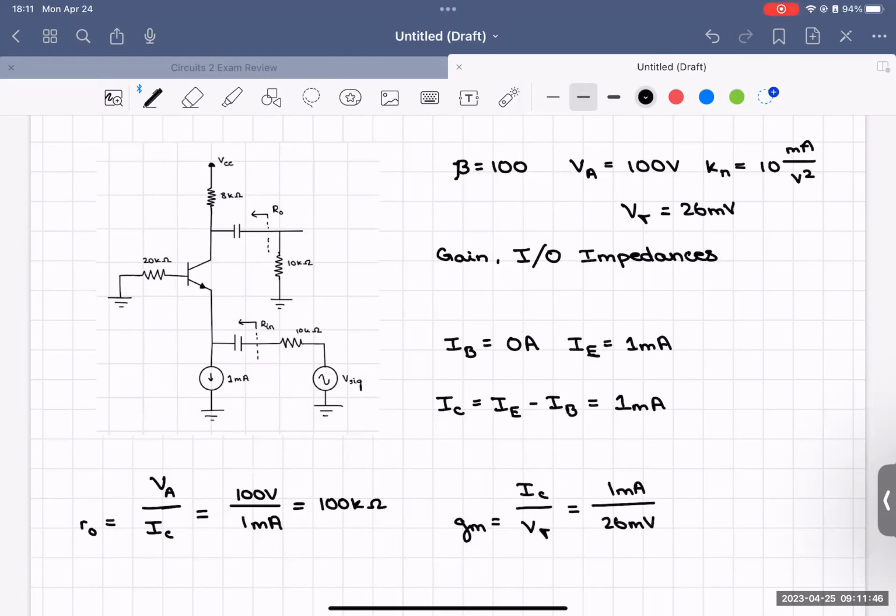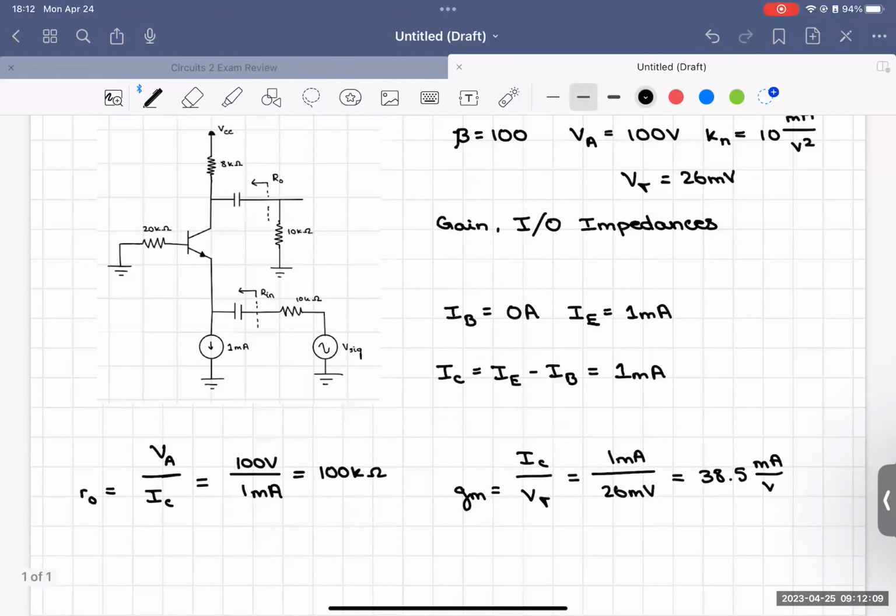The milli will cancel out, so it's 1 over 26, which is 0.0385. So we'll have 38.5 milliamps per volt. Correct units, there is GM.